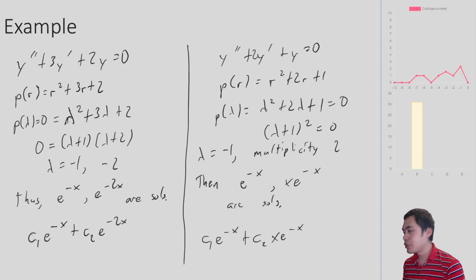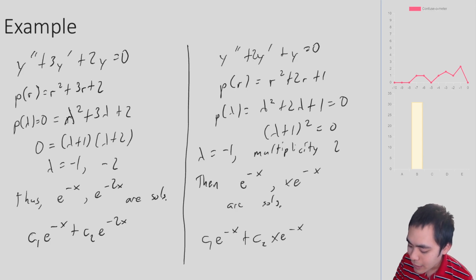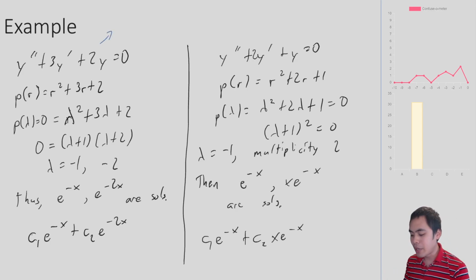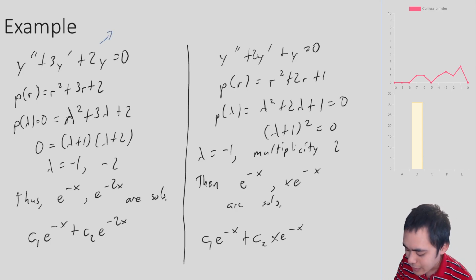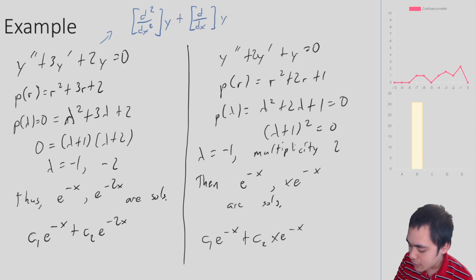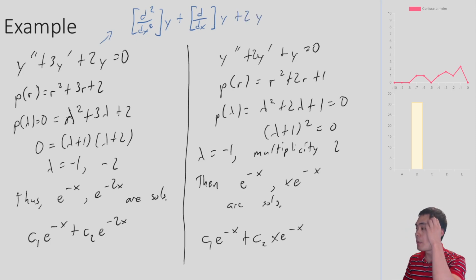So there are a couple different questions in chat. Let's address them one by one. We can rewrite this in a sort of weird way. I'm going to rewrite this as d squared dx squared y plus 3 d dx y plus 2y. Hopefully I can convince you that this is another way of rewriting y double prime plus 3y prime plus 2y.